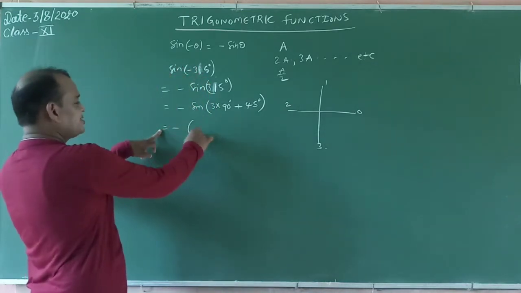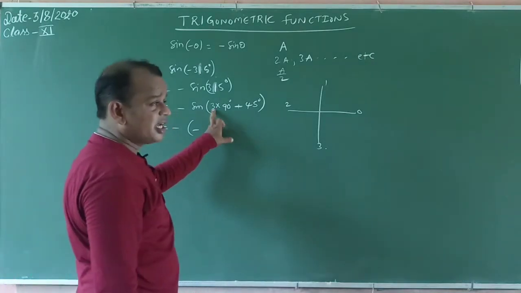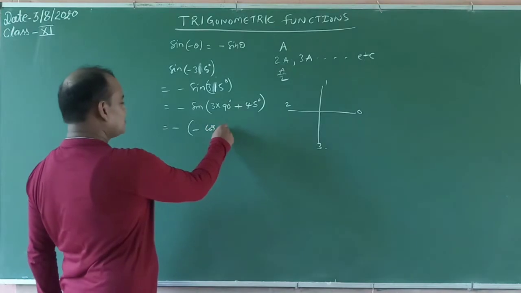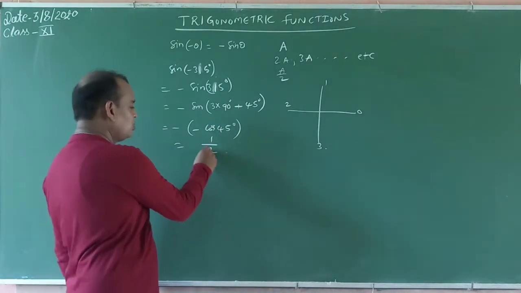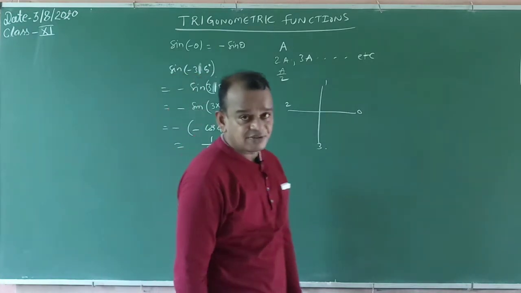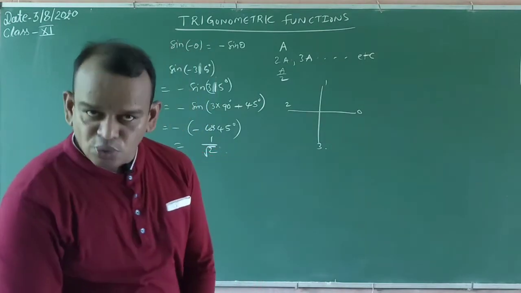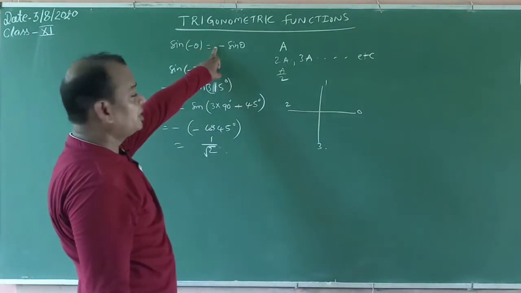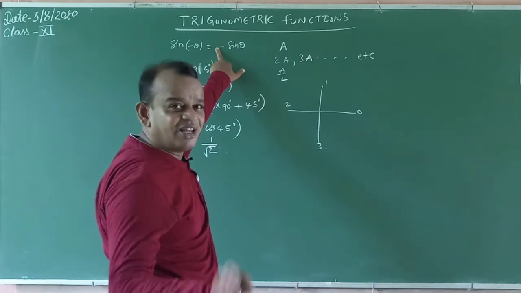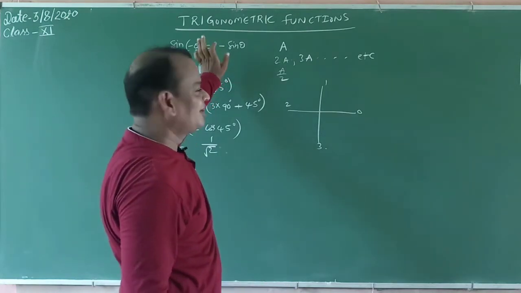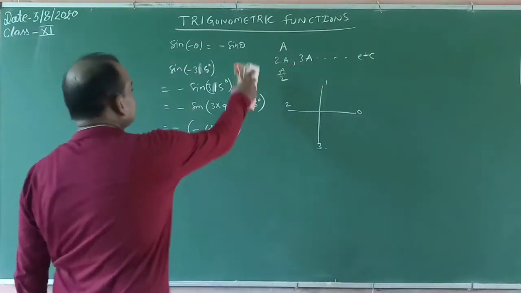This is already minus, and n is odd, so sine changes into cos 45. Minus into minus gives plus, and cos 45 is 1 by root 2. I explained this already, but there was a mistake: the formula is sin of minus theta equals minus sin theta. On that day I overlooked it and wrote plus. Please excuse that, no problem.